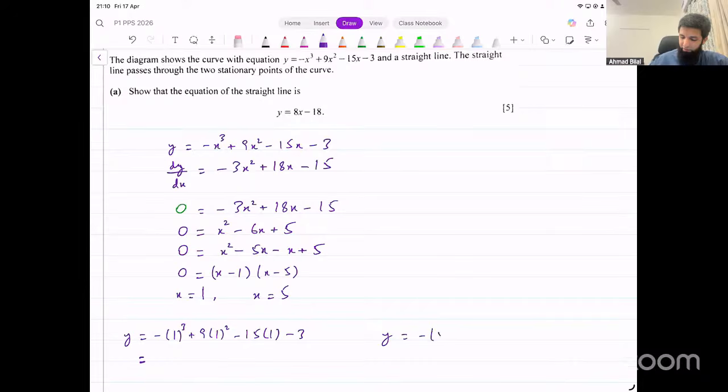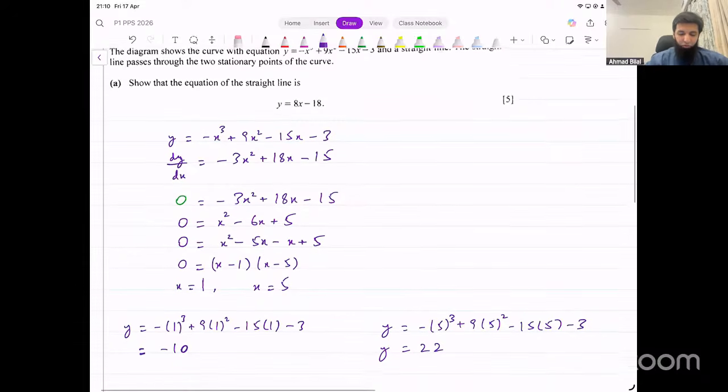Minus 5 cubed plus 9 into 5 squared minus 15 into 5 minus 3. And that will give you the corresponding y coordinates. So for 1, you are getting negative 10, and for 5, you're getting 22. Okay, thank you. These are the y coordinates that we get.